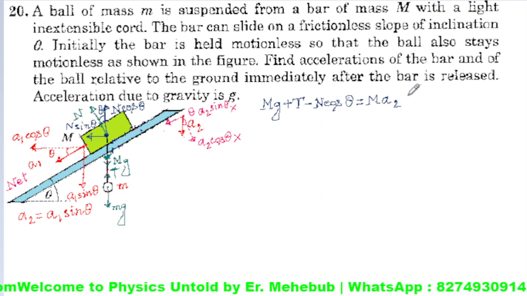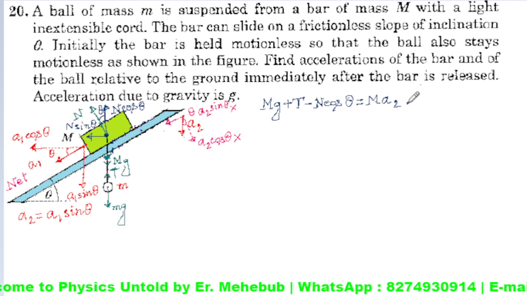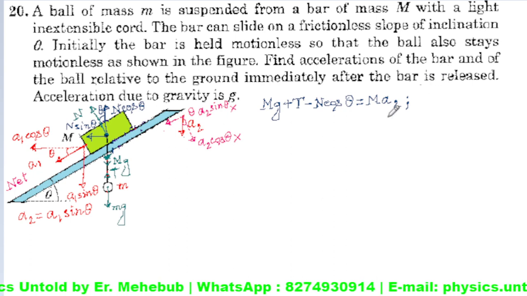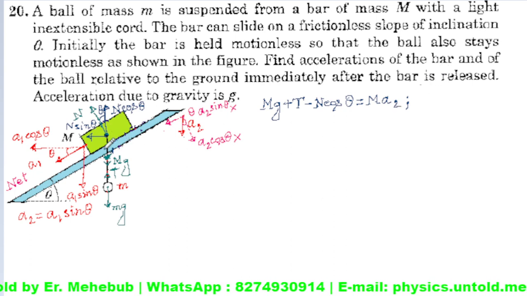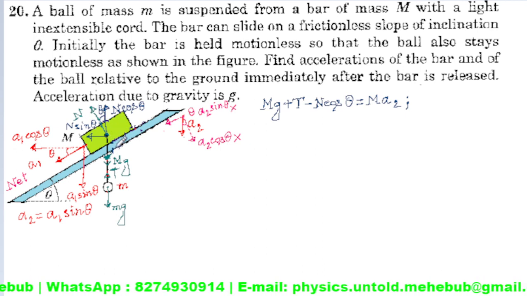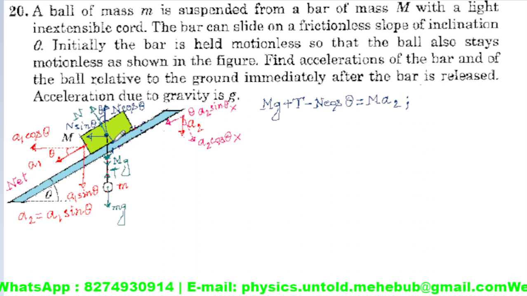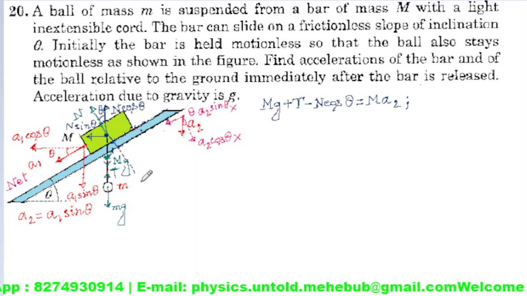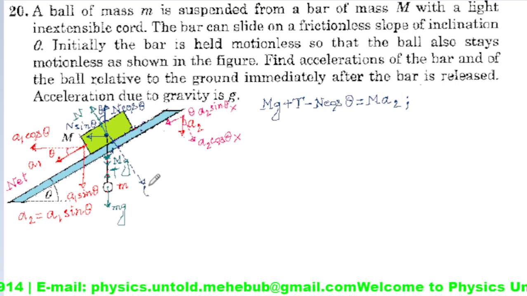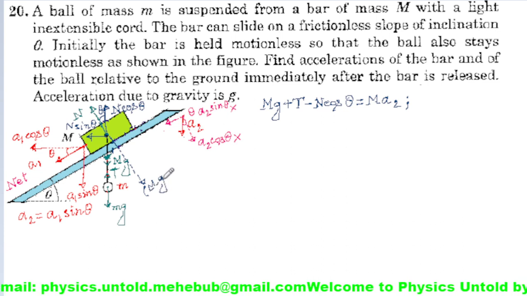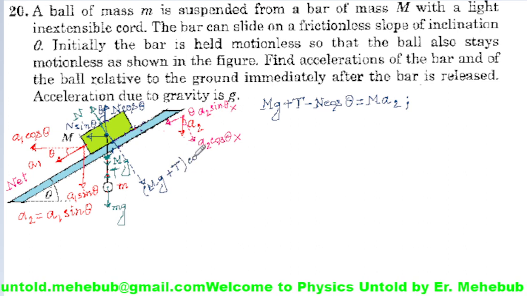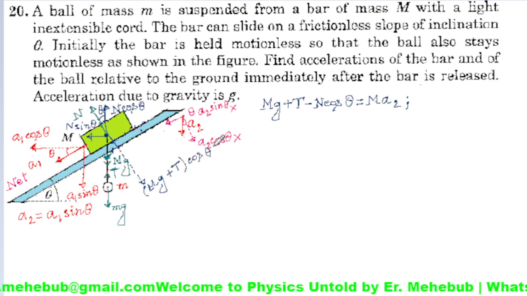Again, we can write the normal reaction equation. If we further divide mg and T into components, there is a component in this direction equal to mg plus T into cos theta.